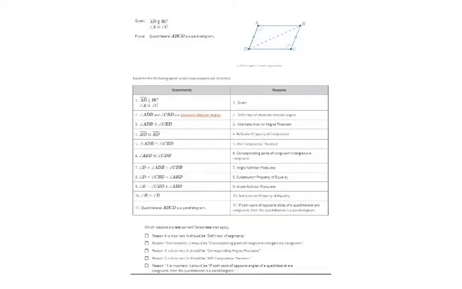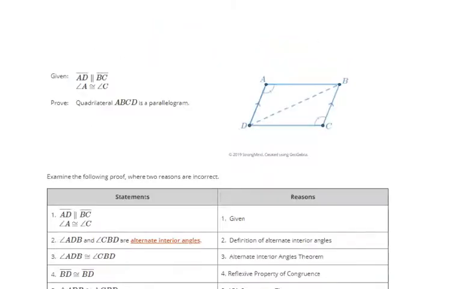So this one is really small. Let me show you how to use this. It is right here. Okay, so this one is a little bit funky because it's giving us this proof, and then it's telling us at the end that there are two mistakes that were made in the explanation, so we have to be careful with it.